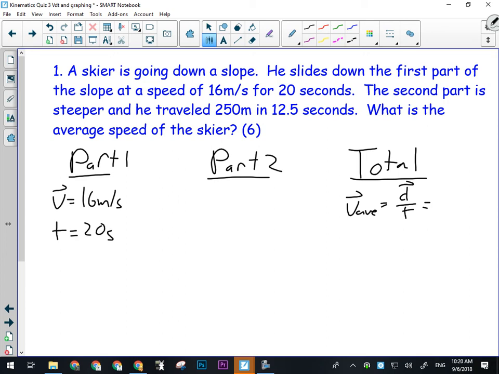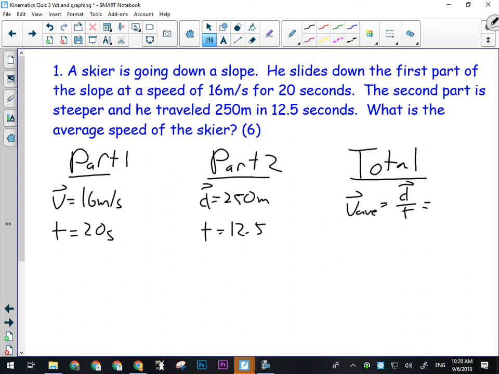For part 2, we have a displacement of 250 meters down the hill, and that happens in 12.5 seconds. Since everything is down the hill, I'm not going to bother writing the vectors on here, but I will put a vector on my answer when I'm finished, because they're all the same direction, it doesn't matter till the end.